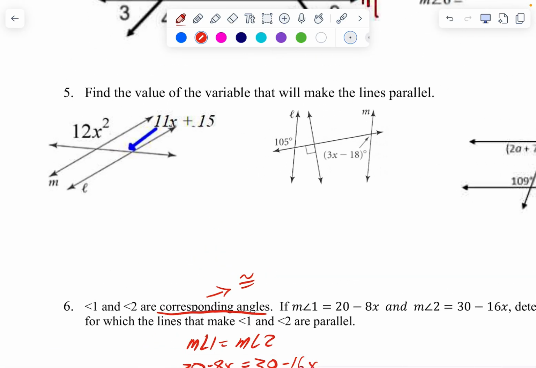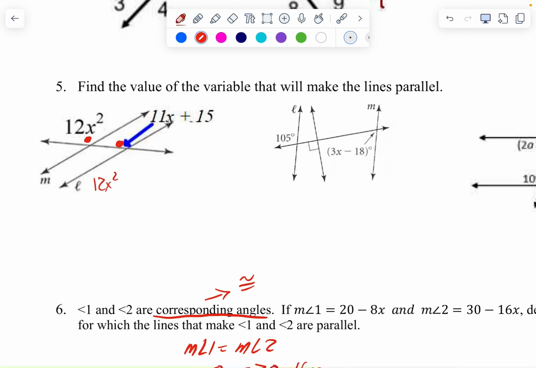Guys, let me remind you on the quadratic, just so you have a visual on it. What kind of angles are the two that are called out here? Those are corresponding. So what's true about corresponding angles? Yep. So 12x squared equals 11x plus 15. Now, remember that with the quadratic, we need to set it equal to 0.